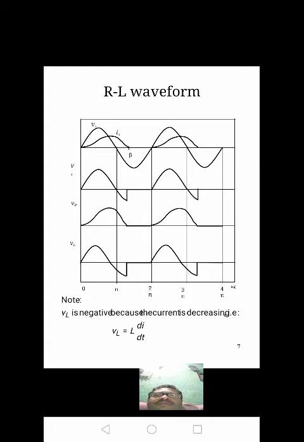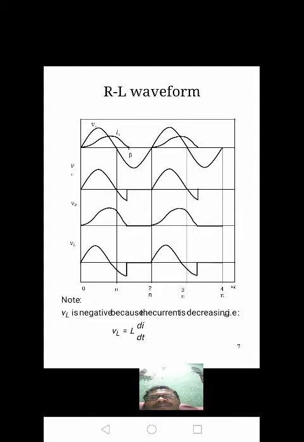Here we are observing the output voltage waveform. Firstly, it will follow the input voltage up to pi, then onwards it will also follow the sinusoidal waveform up to beta. Why?